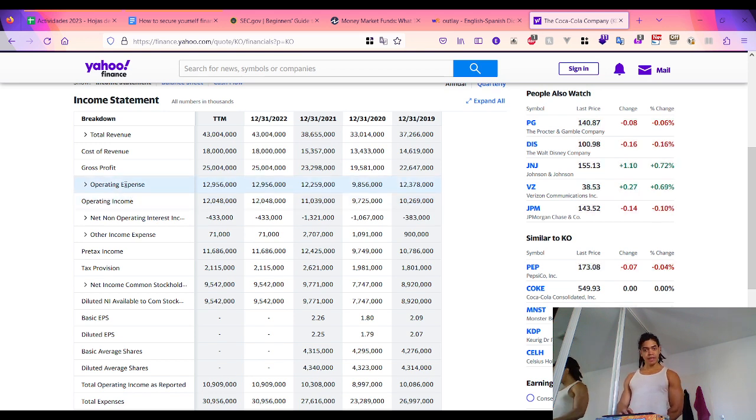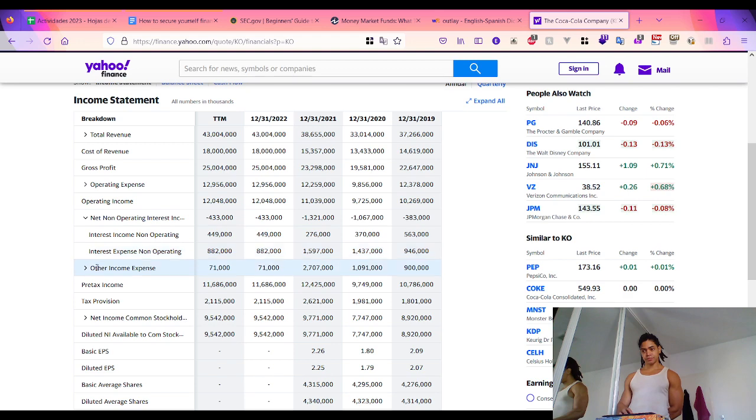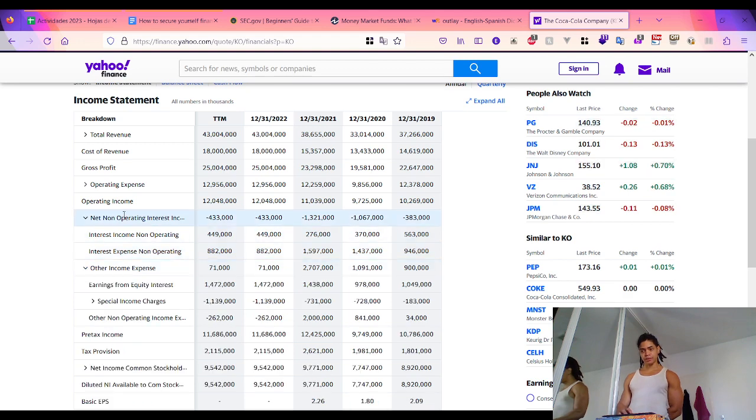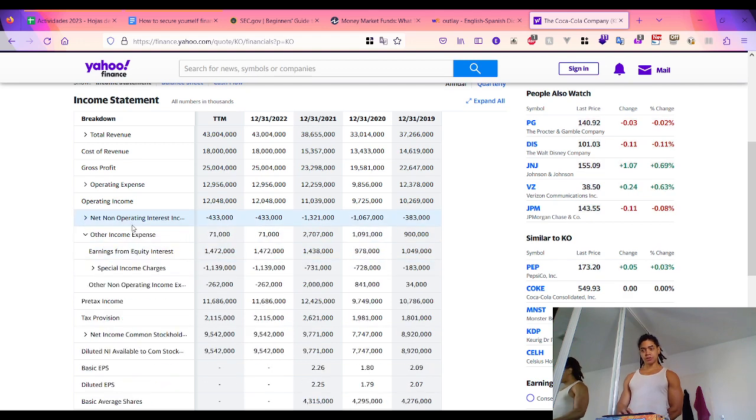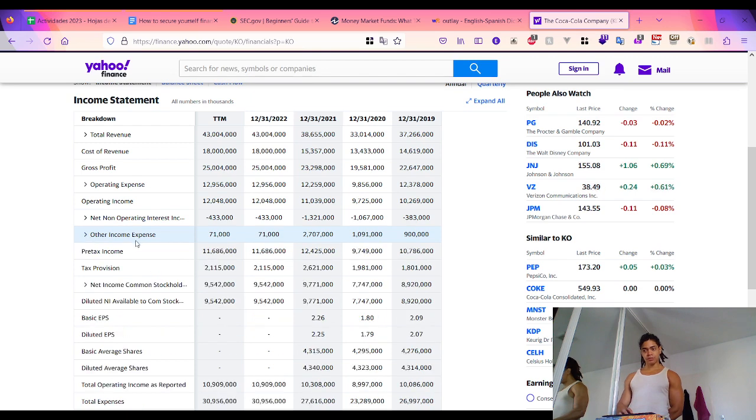Once you deduct the operating expense from the gross profit, you get the operating income, and after that you have the interest income and interest expense.